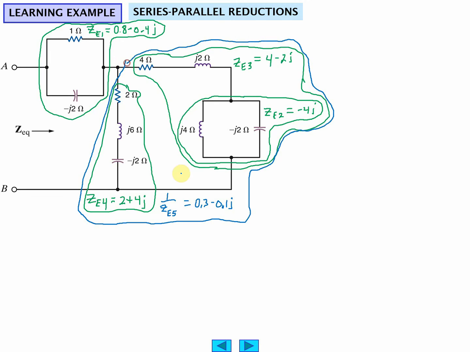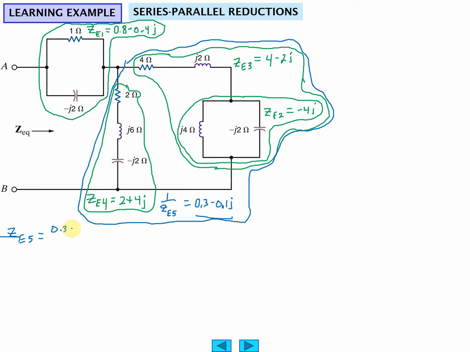We have the admittance, but not the impedance. So ZE5 is just going to be the reciprocal of 0.3 minus 1/10 J, which is 0.3.